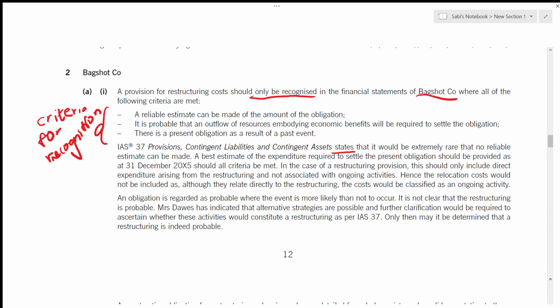Because if you try to memorize an answer and write it in the exam, 99% of the time you will not remember. Trust me, you will forget. So don't try to memorize each and every answer. What you have to memorize is what are the measurements, what are the recognition criteria under the IFRS and IAS.